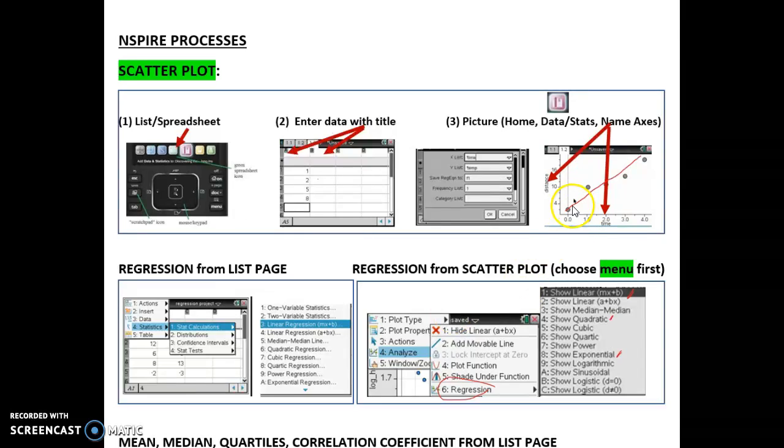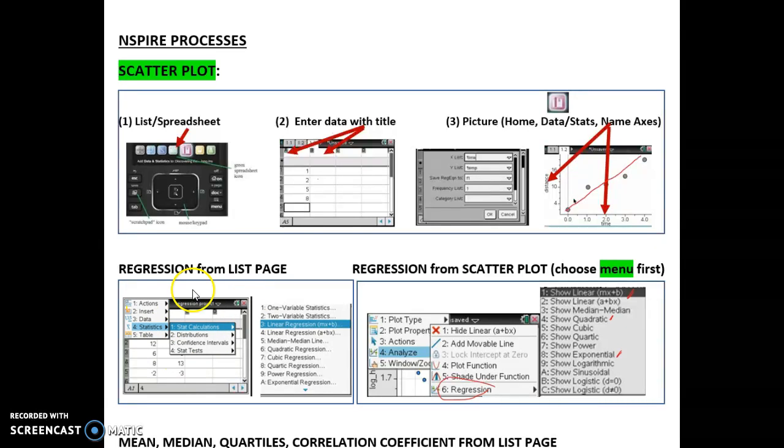It's just not going to give you the actual picture. It's only going to give you the M and the B, and you can create your own equation. Most of the time, we go from the scatter plot to the line of best fit by using regression, but certainly you can skip over the scatter plot step and go right from the list to the regression. You just have to create your own equation.